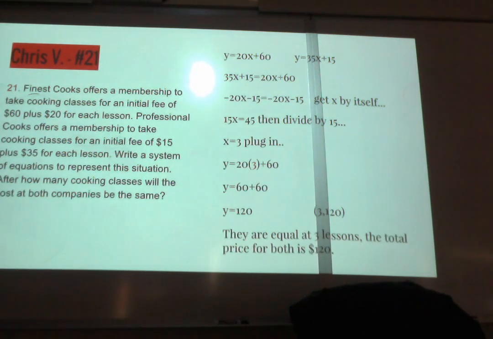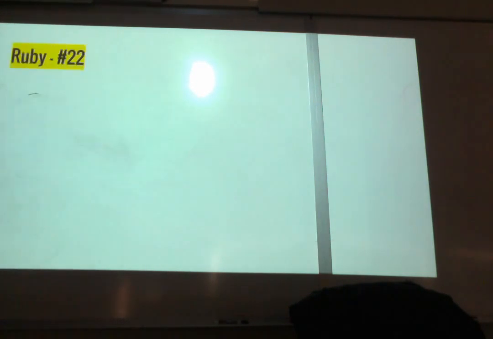It'll depend if there's 1 lesson or 2 lessons or 3 lessons. It can change per lesson. The flat fee or the initial fee is $60. That doesn't change. You're going to pay 60 if you have 1 lesson. You're going to pay 60 if you have 10 lessons. So in a lot of things in life, there's a flat fee and then a certain part that goes up or down depending on how much you use it.